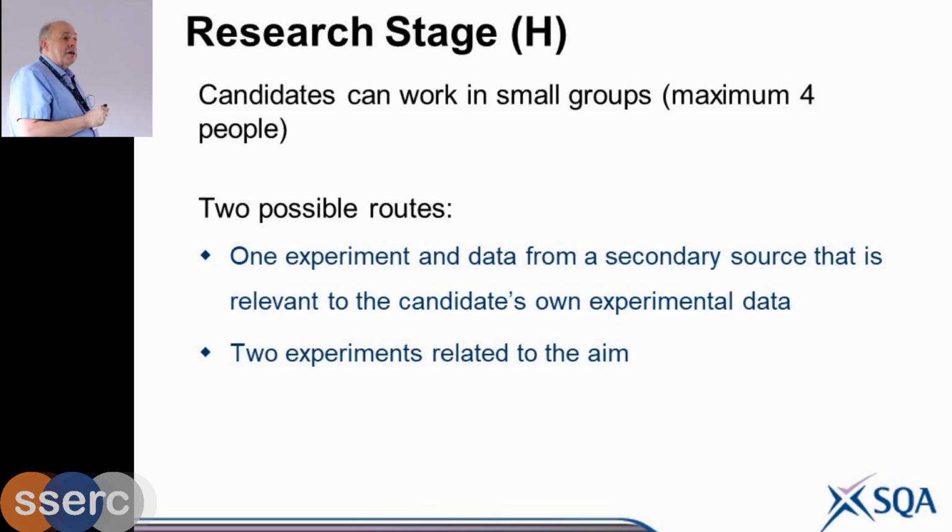When it comes to the experiments, I don't know if people attended understanding standards, but our advice is stick to bog standard higher stuff. Okay? It doesn't need to be anything fancy. In fact, often when it's fancy, what comes across is that they don't understand. Catherine was telling me this morning that she'd been showing you getting the refractive index using interference with water. Great as an advanced higher experiment.